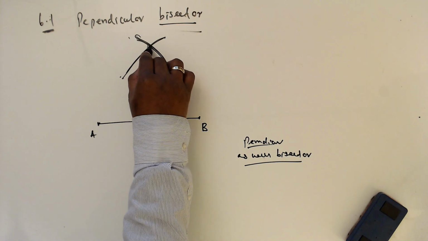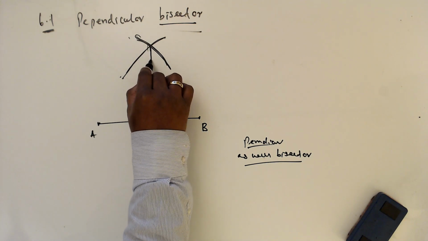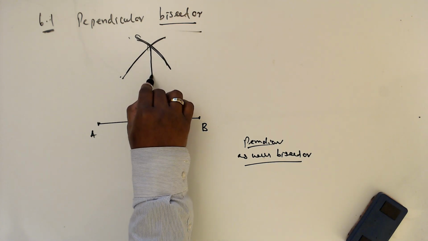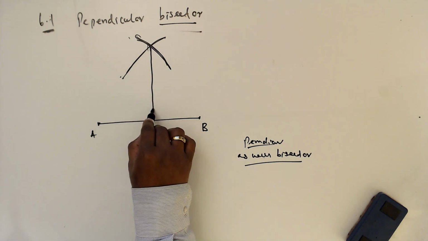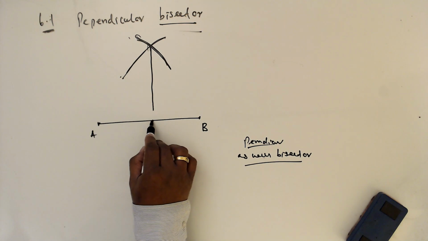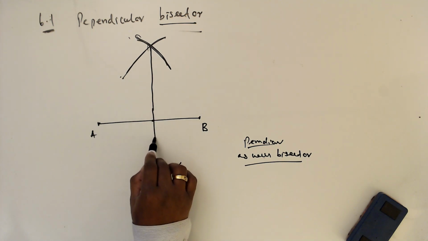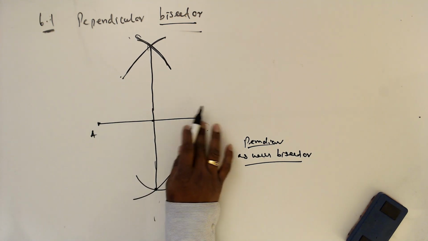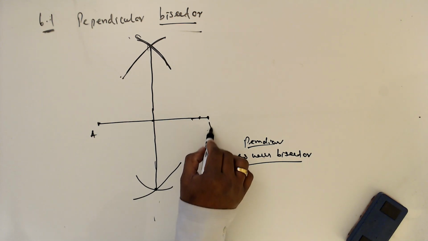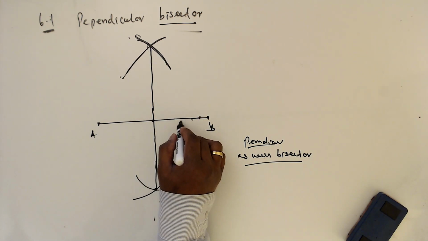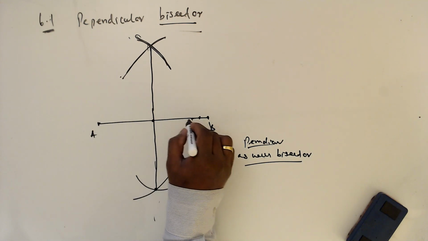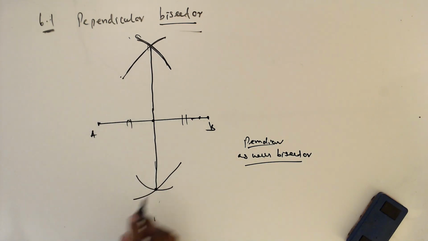This is the perpendicular bisector. When you merge those two, it goes through the middle of AB, and those two parts become similar.